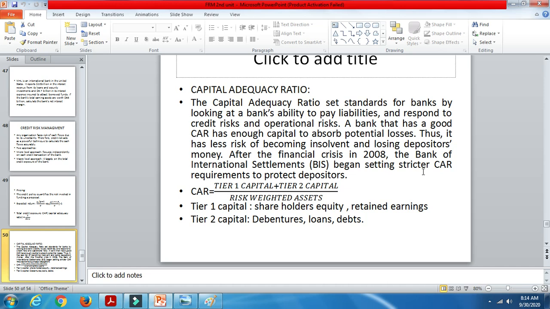After the financial crisis in 2008, the Bank for International Settlements began setting strict CAR requirements to protect depositors' assets. You can say it is a capital requirement or a banking regulation which sets a framework on how banks and depository institutions must handle capital assets.